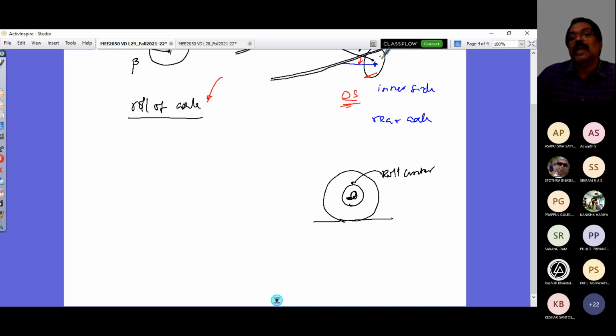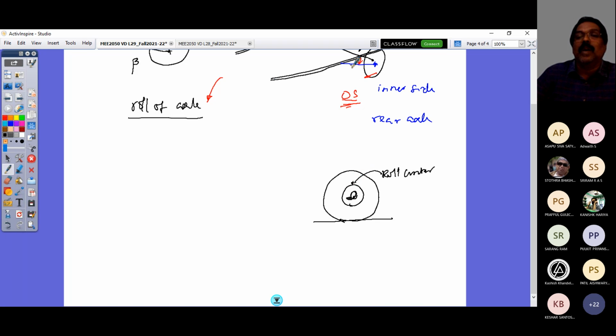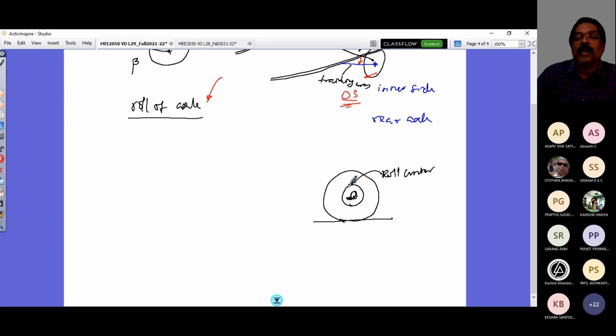The roll center has a roll axis inclined to this. With respect to the roll center, consider the orientation of this trailing arm. If the trailing arm inclination from here is 0, like this, then that would contribute to a neutral steer effect.